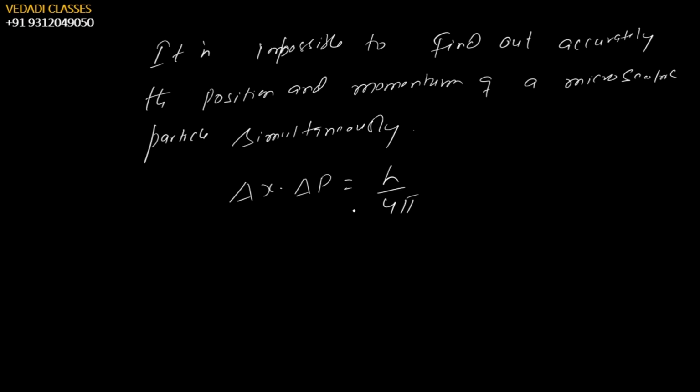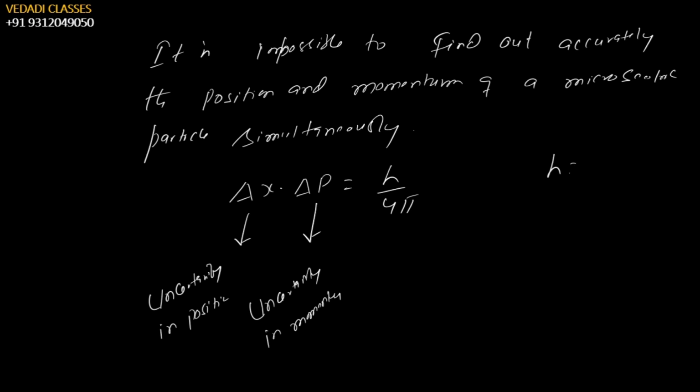Here delta x is the uncertainty in position, whereas delta p is the uncertainty in momentum, h is Planck's constant, and pi is equal to 3.14.